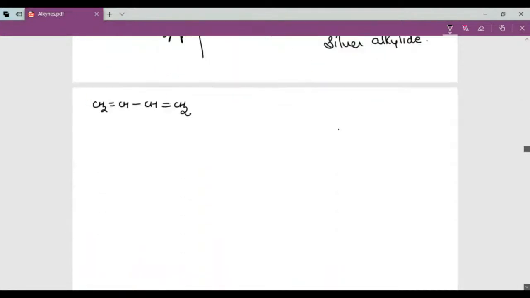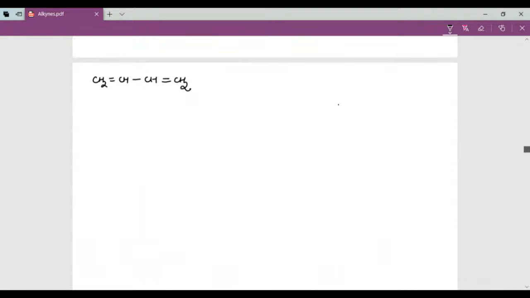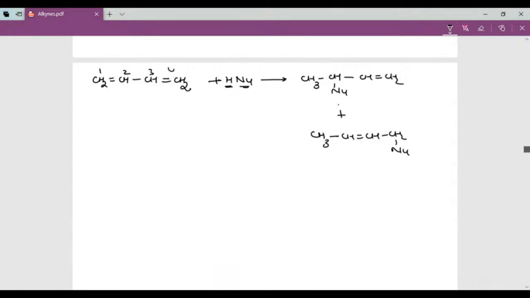So here we were. If I add the same way H and nucleophile, where H acts as an electrophile, there are two possibilities. I can have CH3, CH nucleophile, CH double bond CH2, or I can have CH3, CH double bond CH, CH2 nucleophile. 1, 2, 3, 4.